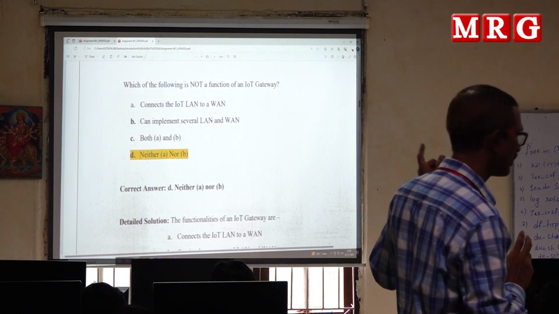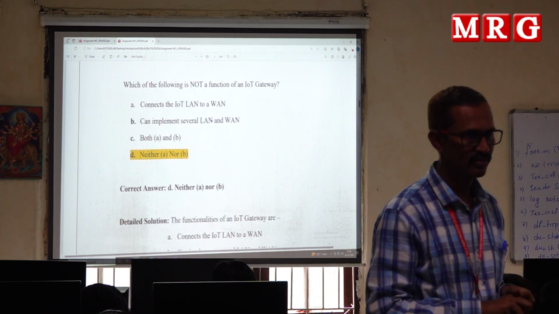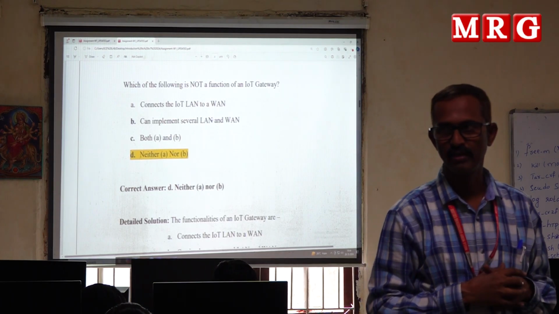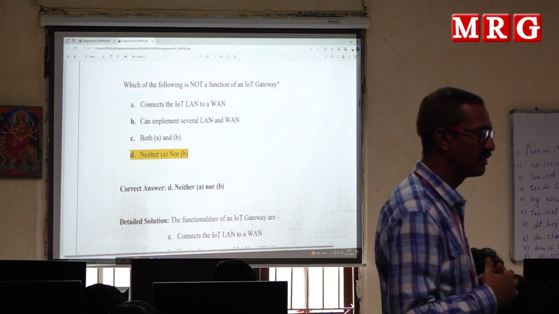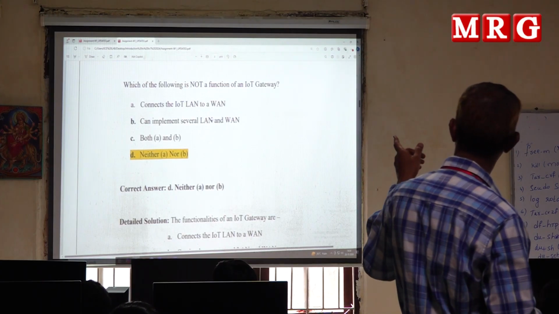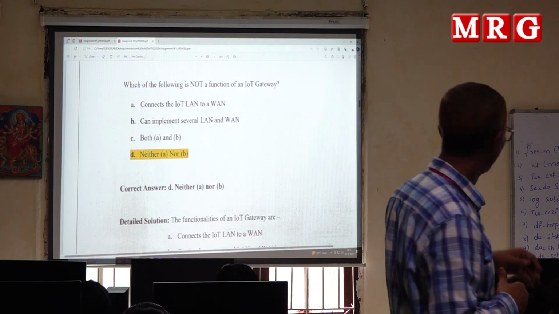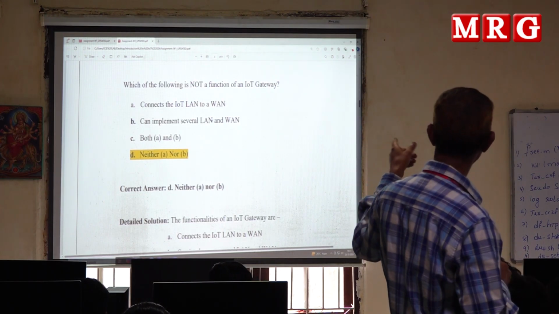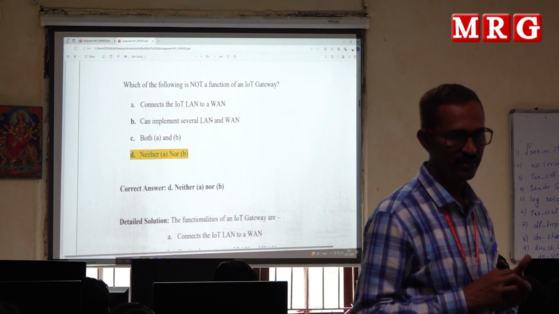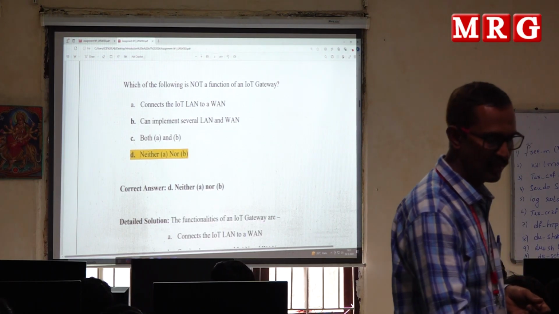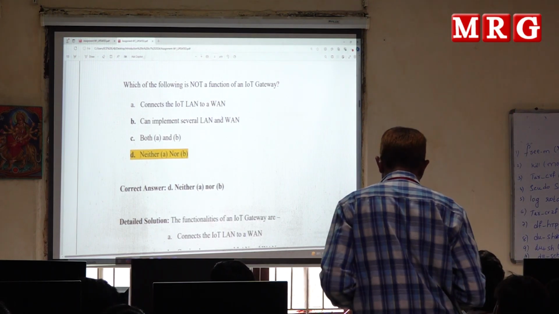So is answer A correct or not? Answer A is correct. But we say this is not a function. It is a function. So then, can it implement several LANs and WANs?